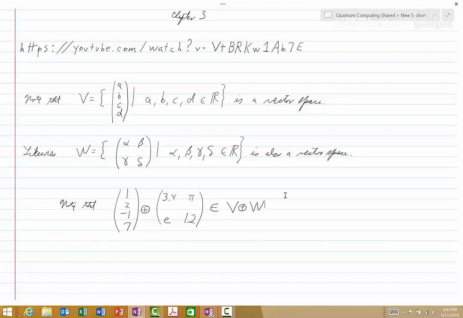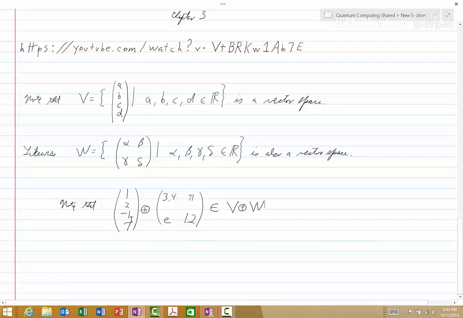And so even though both of them might be the zero ket, you might pick the zero ket from space V and the zero ket from space W. Those are not really the same zero ket, because one refers to electron 1 being in the zero state, and the other one would refer to electron 2 being in the zero state. And so there's no way you could add them together to get just one ket. You would get a direct sum type of a ket. So it would be a situation similar to this.